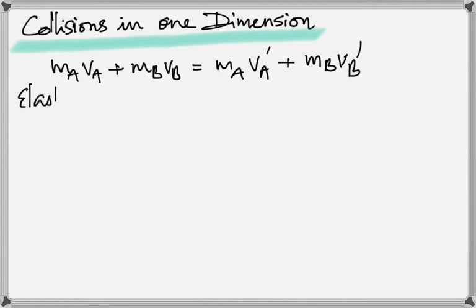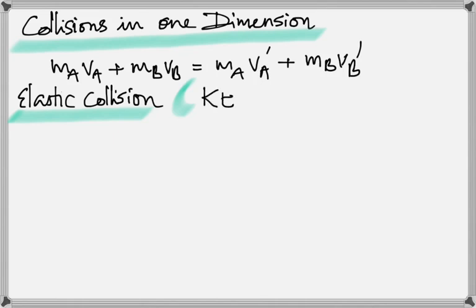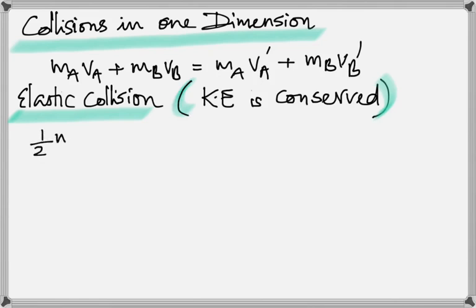So for an elastic collision, you can also write the equation. What's the kinetic energy of the first object? 1/2 times MA times VA squared, isn't it? Plus, what will be the kinetic energy of the second one? 1/2 times MB times VB squared. That's what I'm writing.